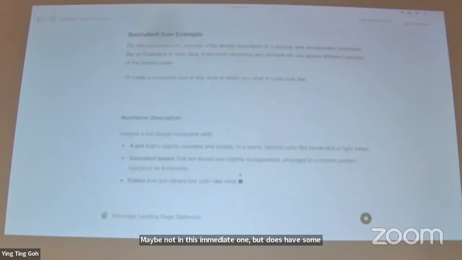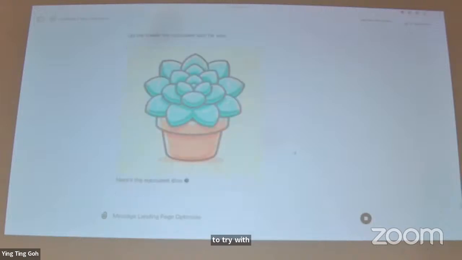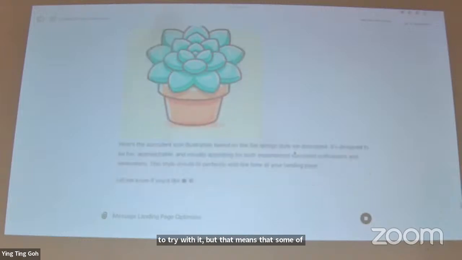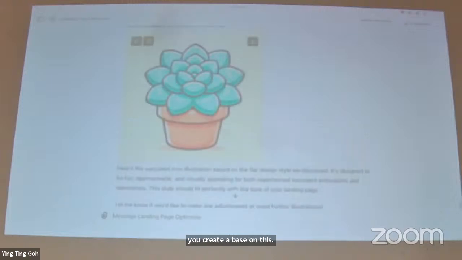It has DALL-E, which is the image generator. So for some things, it will try to create, but it might not be a hit immediately off the bat. So you need to go back and forth a little bit with it. But that means some of the things are already started for you here. And you can even give it a reference image and say, can you create based on this reference, and things like that.